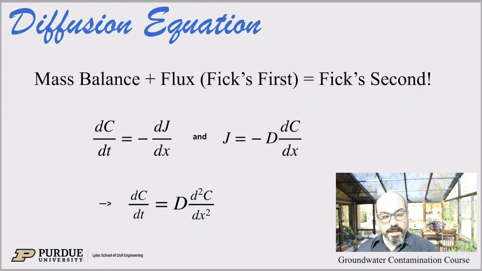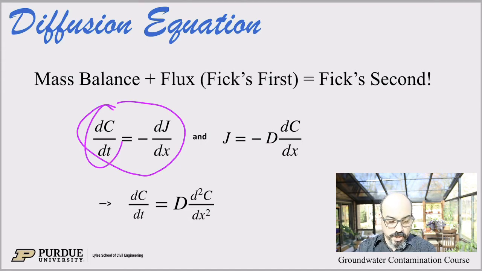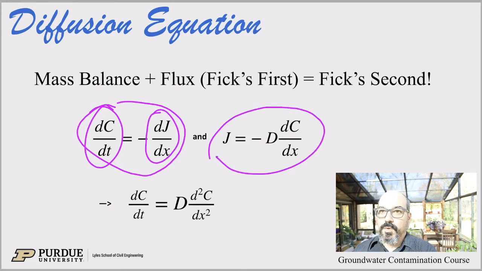Now, if we combine the mass balance, the equation I described in the very first couple of slides, where the accumulation is minus the flux over the distance, and now that we have a definition of the flux, we can put those two equations together and find the equation where dC/dt equals D d squared C over dx squared.